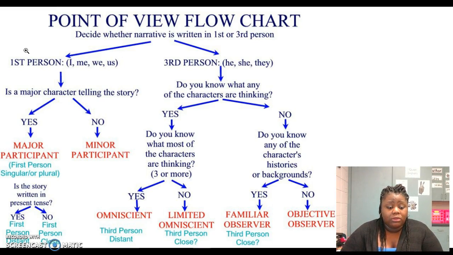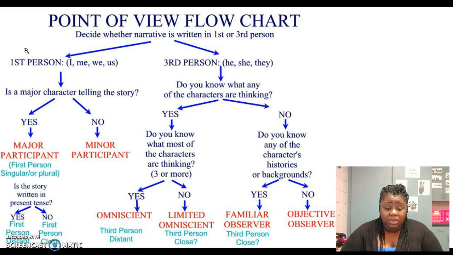In the third person point of view, we're using pronouns such as he, his, hers, it, its, they, and them. And all these pronouns are used in the telling of the story. In this type of point of view, the narrator is an observer who can only tell what is said and done. So again, they are not interjected in the story.